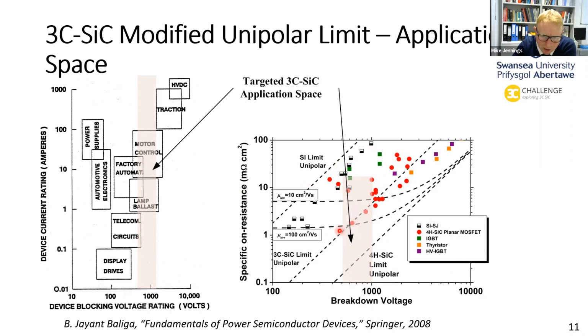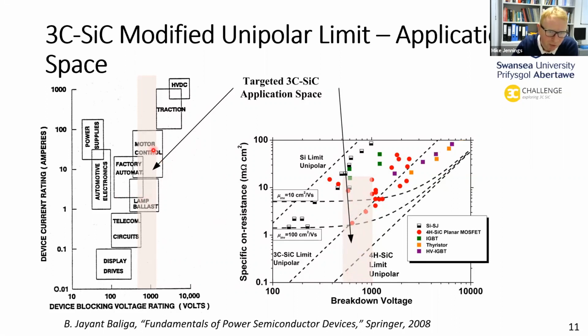We do have these 4H silicon carbide devices which are effectively beyond the cubic silicon carbide limit, according to this plot at least. However, this doesn't take into account reliability, for instance.